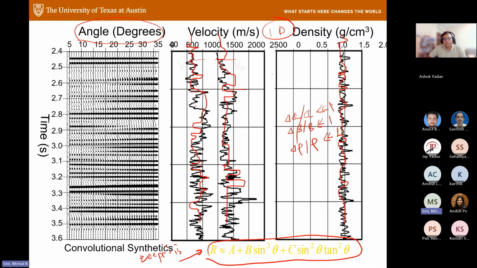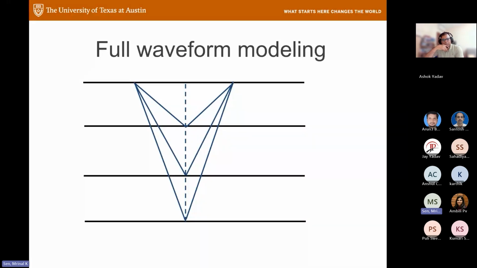So to compute this, let's try to block the wells at different wavelengths and then do Backus averaging in each one of these. Then let's see if this convolutional synthetic model is valid. So we'll look into full waveform modeling.